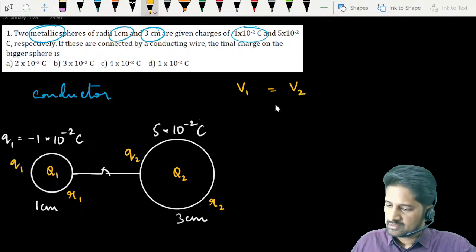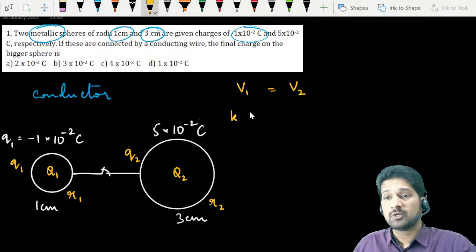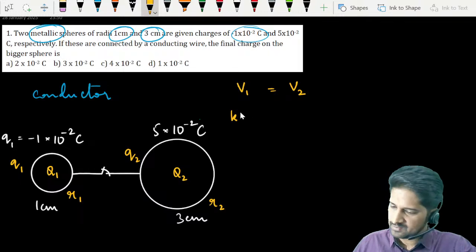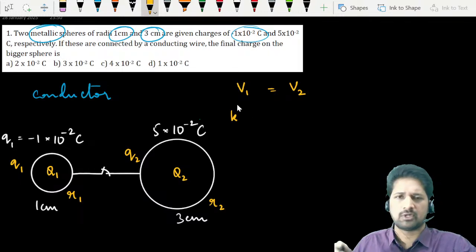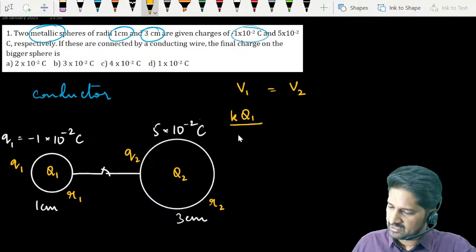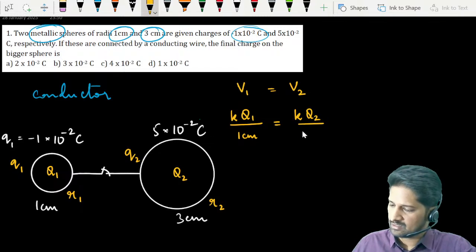What is the formula for potential on the surface of a sphere? KQ by R, where R is the radius of the sphere and K is Coulomb's constant, which is 1 by 4 pi epsilon naught. So the final potential of the first sphere, KQ1 by R1, where the radius of the first sphere is 1 centimeter, should become equal to the final potential of the second sphere, KQ2 divided by R2, where R2 is 3 centimeters.